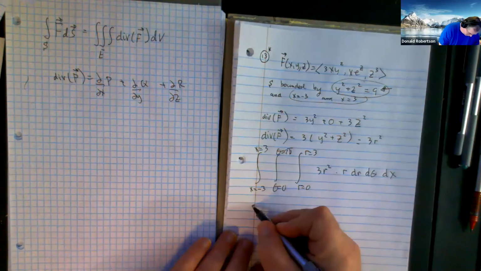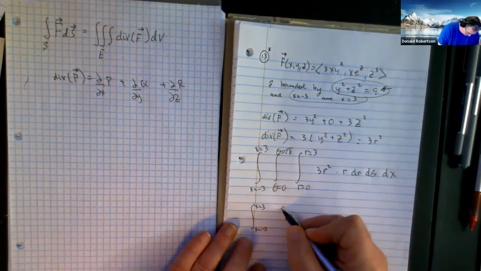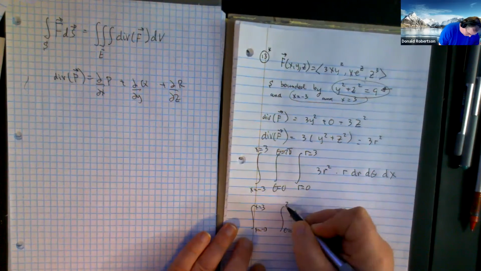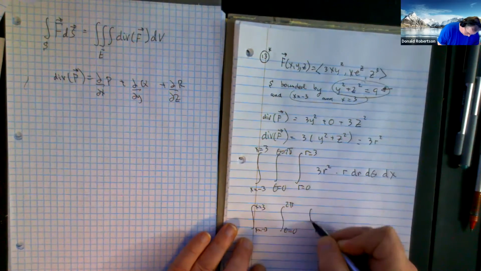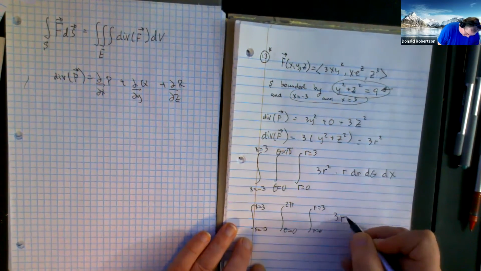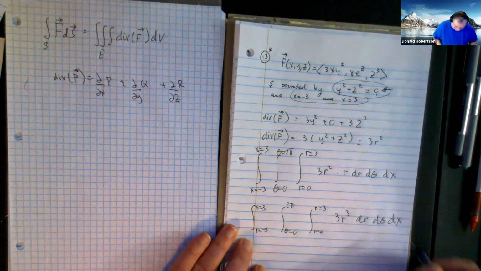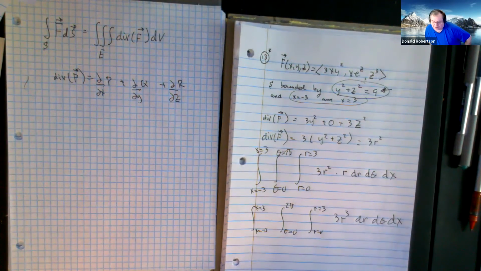In this case, -3, 3, 0, 2 pi, 0, and 3, and 3r cubed. And it's been a long time since we did this. Since all of these are numbers and that's 3r cubed, couldn't we actually separate this out?